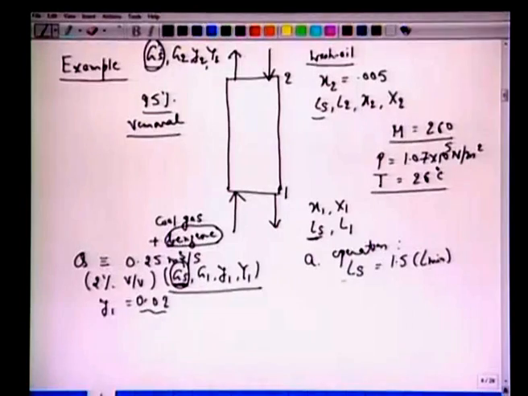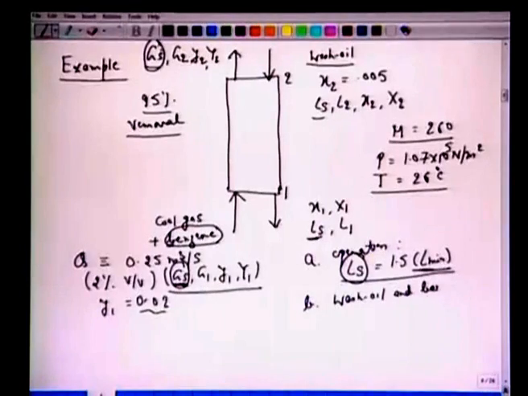From here we should be able to calculate the actual Ls, but first we have to find the minimum amount, L min, required. And two, it says that the wash oil and benzene system behaves as an ideal mixture.